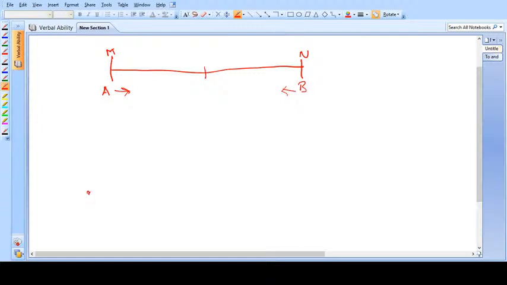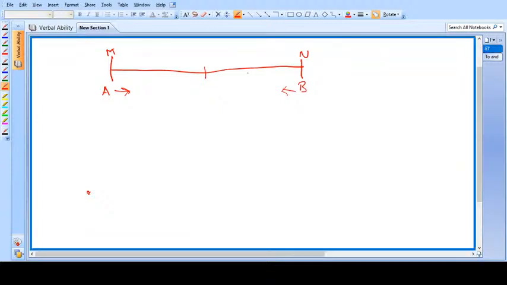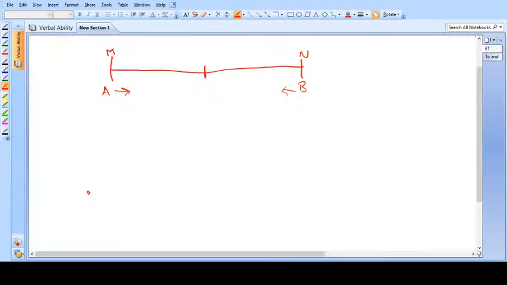So what will they be doing? They will take from here to here t time, right? They take the same time because they start at the same time. So this will be taken as t time, right?